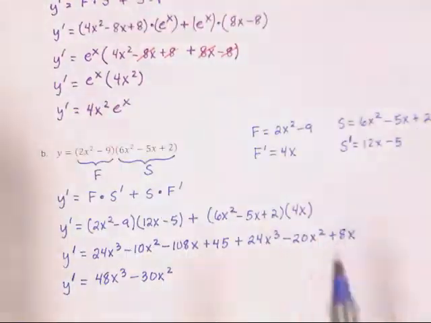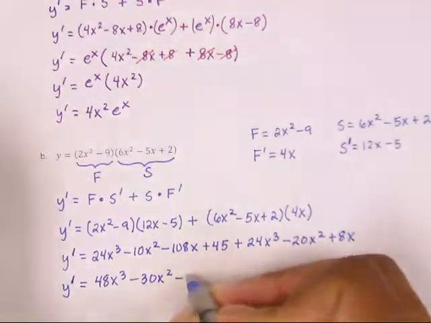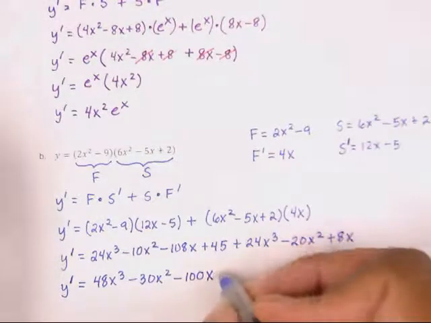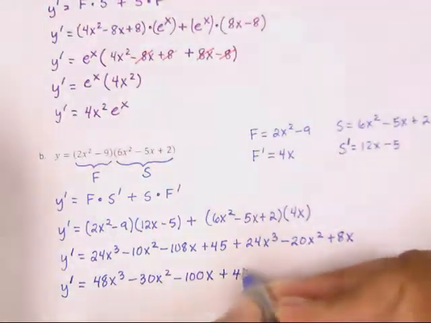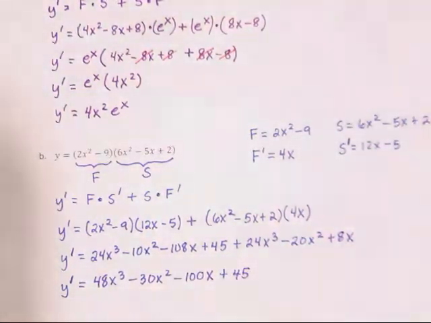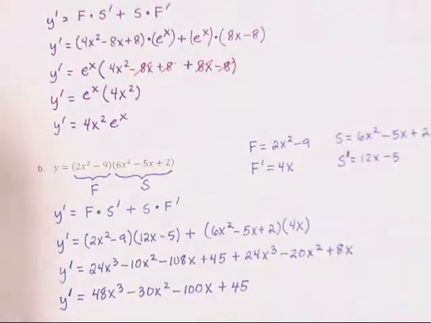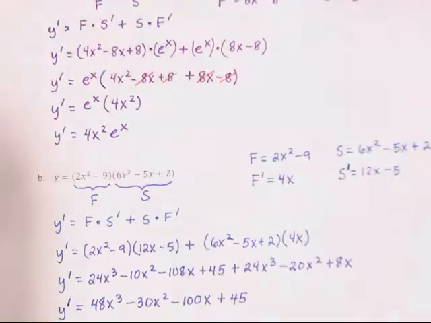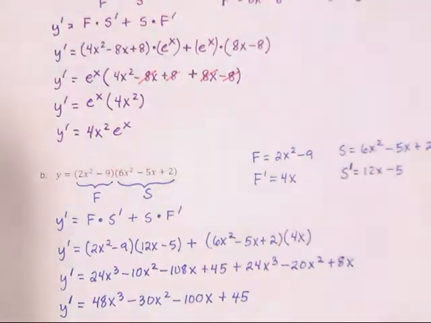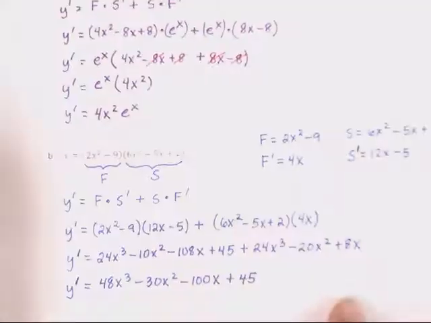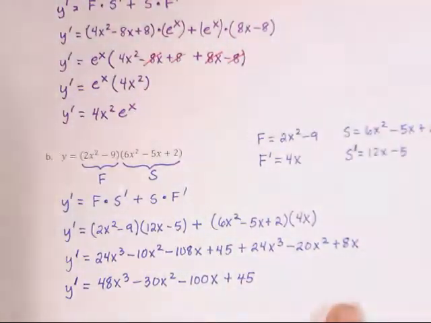Well, negative 108 plus 8 will be a minus 100, so it'll be a minus 100x. And I have nothing to add to the plus 45, so just bring that down. So y prime will be 48x cubed minus 30x squared minus 100x plus 45. And that would be the derivative of that particular function using the product rule.